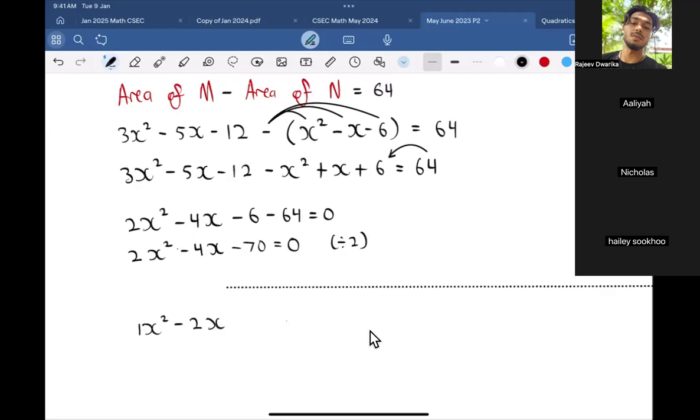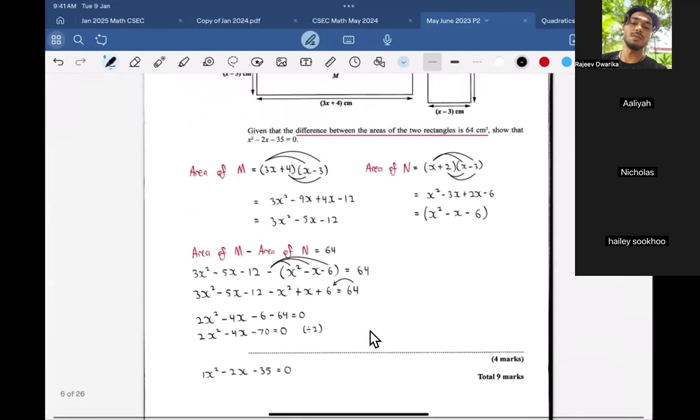Yes, what is -70 divided by -2? -35. Yes, that's it. Is that the form they want? If you want, we could erase the 1. Yeah, it's in the form. So we're good, right?